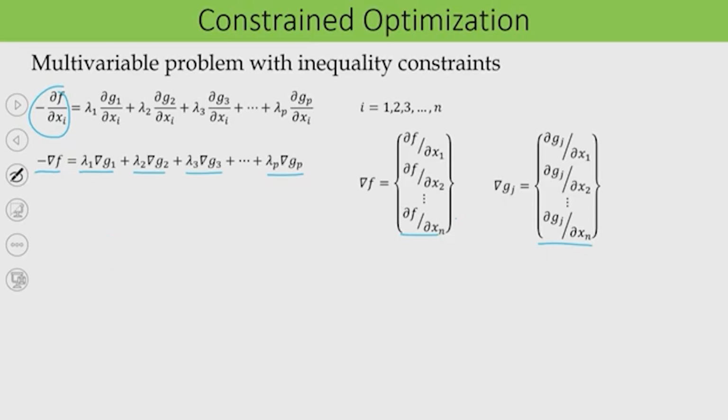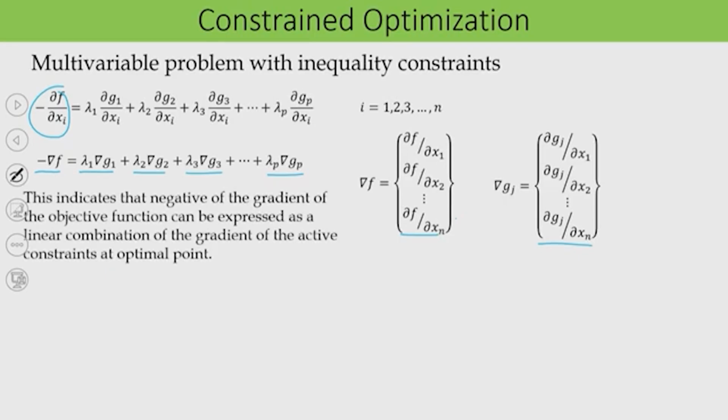Now, what does it mean basically? It indicates that minus del f, the negative of the gradient of the objective function at the optimal point, can be expressed as a linear combination of the gradients of the active constraints at the optimal point.